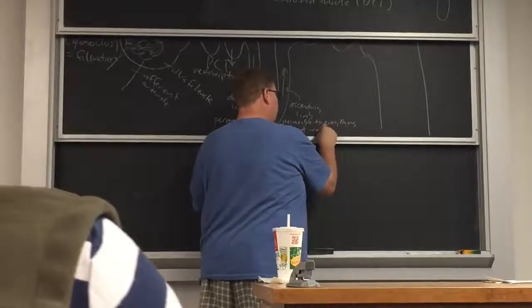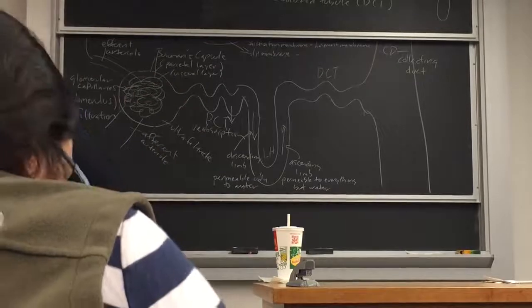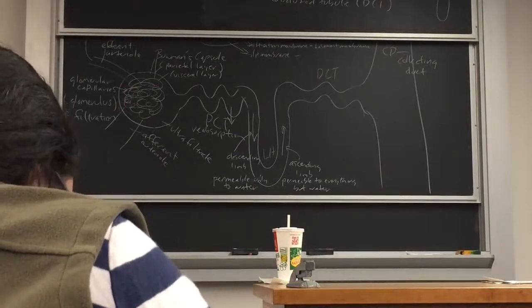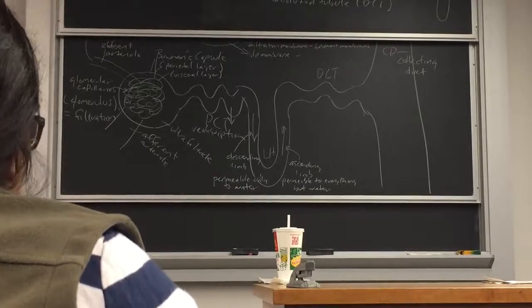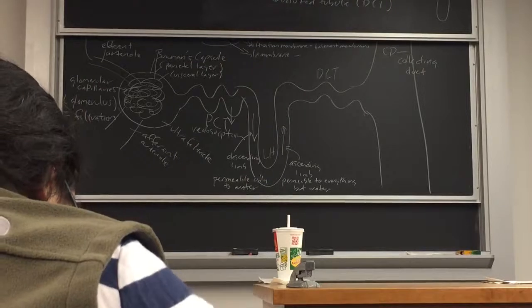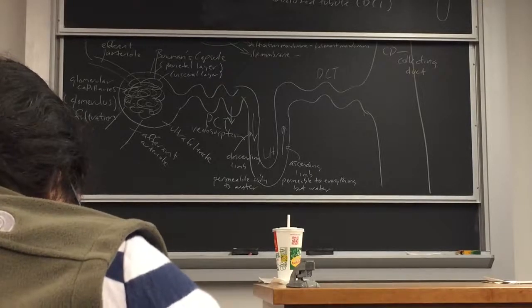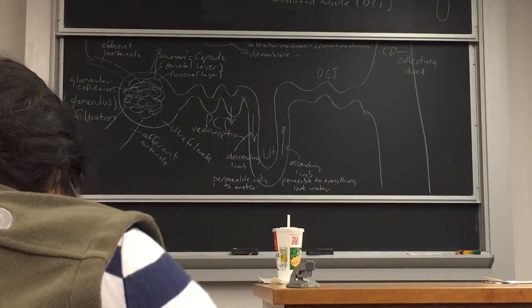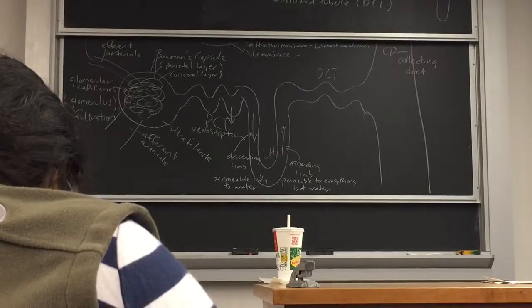And again, this allows us to concentrate or dilute solutes without having to worry about the water flow. Everywhere else in the body, if water goes, solutes go, or vice versa. Here, we can reabsorb sodium as an example and not move water. One of the mechanisms we'll talk about in terms of sodium balance is in the ascending limb, we have little protein reabsorbers that reach in and pull out sodium.